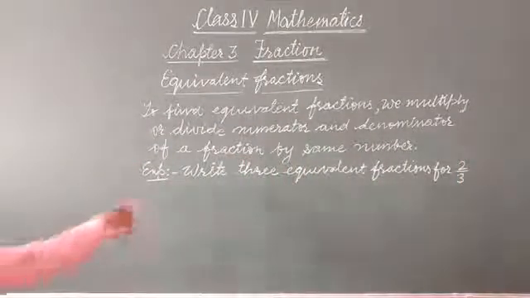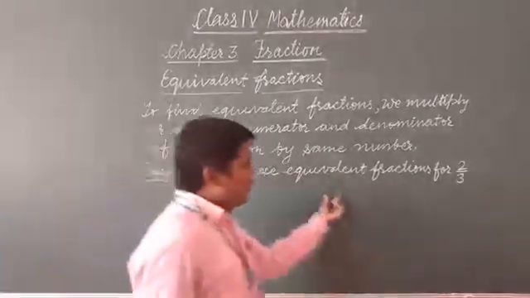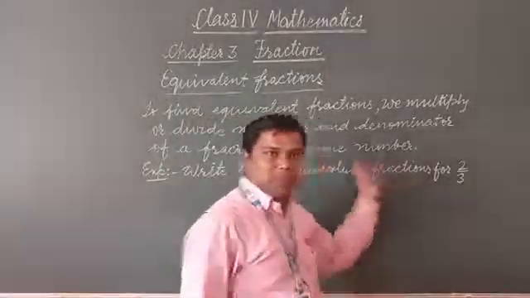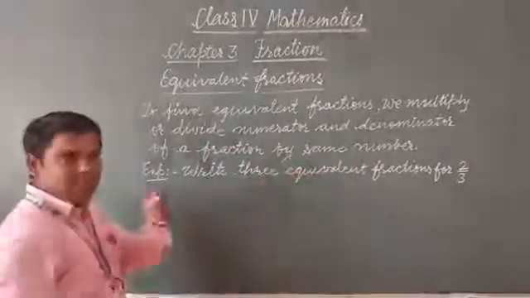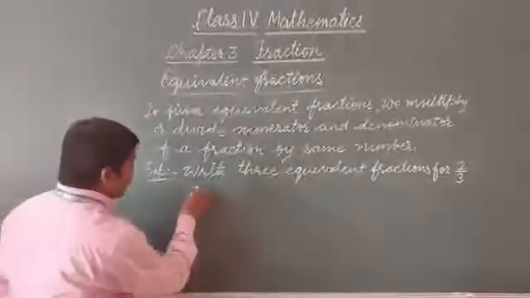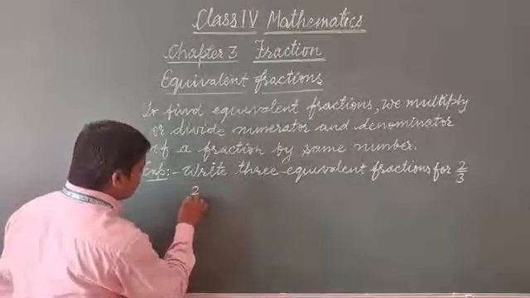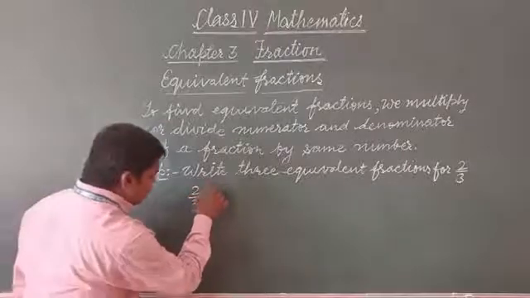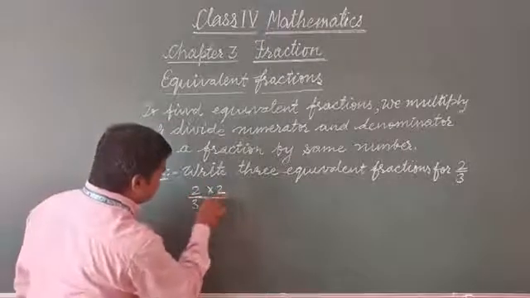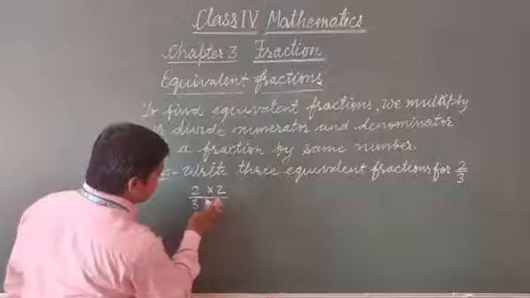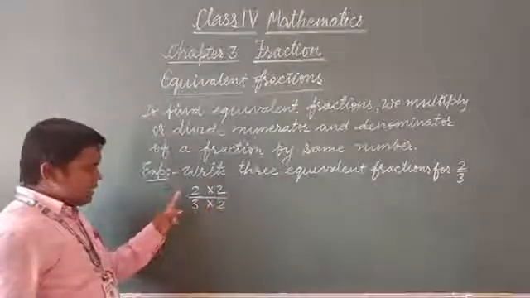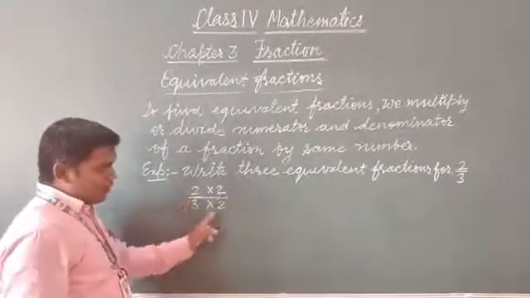I have taken an example that write 3 equivalent fractions for 2 by 3. So to write the 3 equivalent fractions, we take the fraction 2 by 3. We multiply the numerator and denominator by the same number. Means I am multiplying numerator by 2 and denominator by 2.